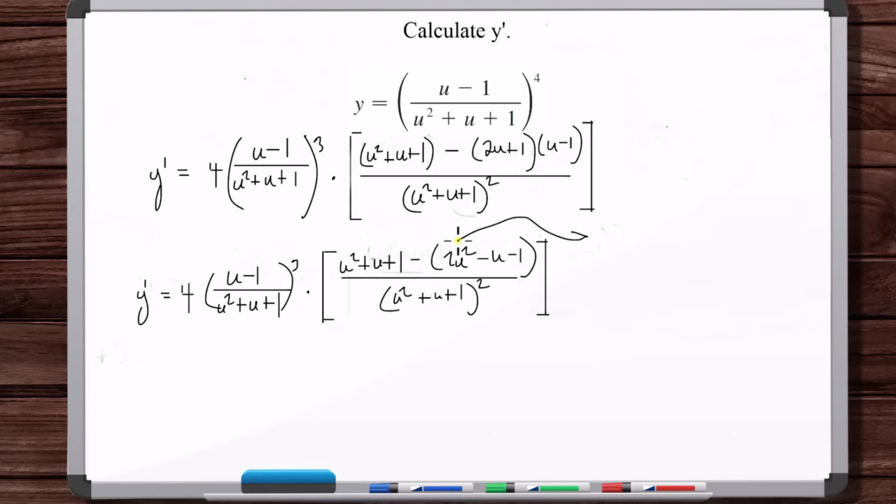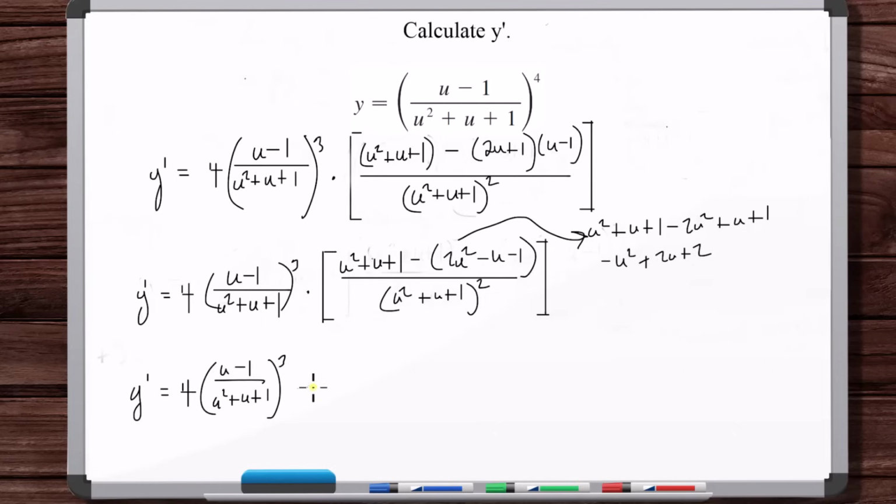Okay, so this is u squared plus u plus 1 minus 2u squared plus u plus 1. So minus u squared plus 2u plus 2. Okay, so now we can distribute this cubed. So we'll have u squared plus u plus 1 cubed, and then we can combine that here.